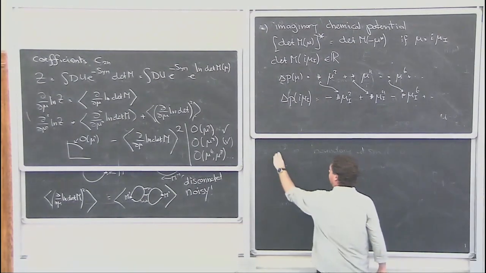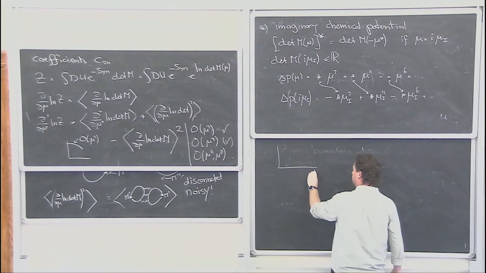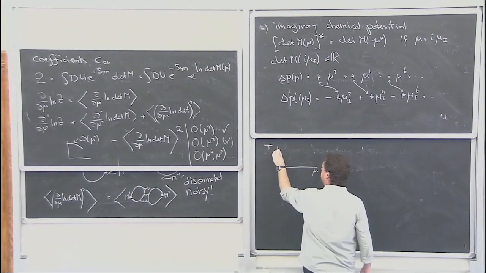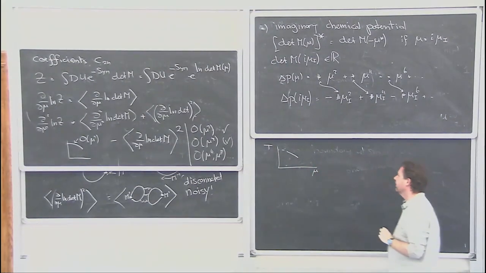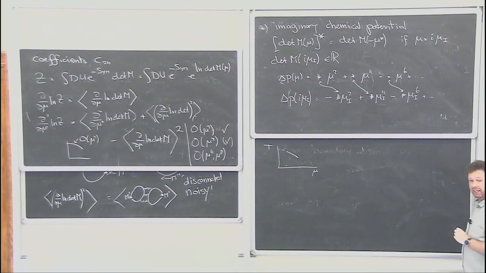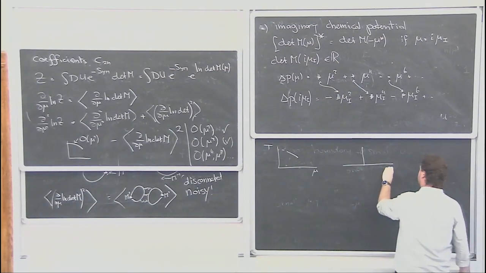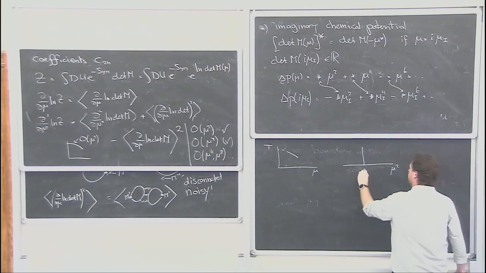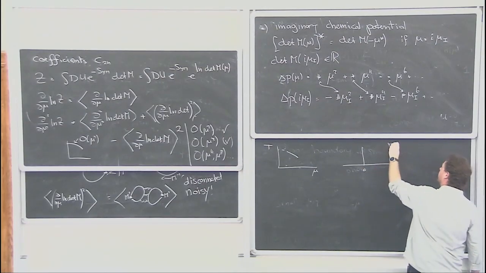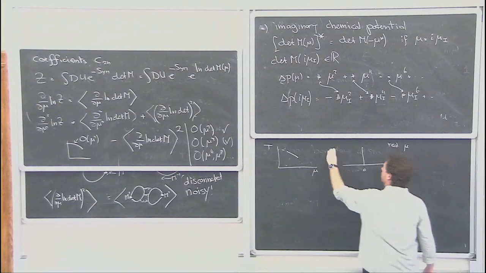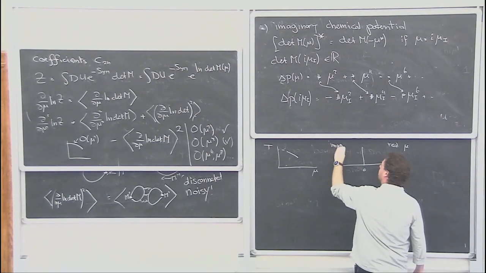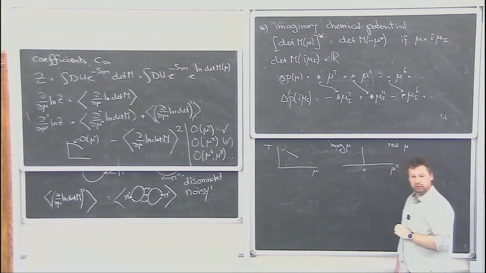So how can we plot this? Well, I just keep erasing the same diagram. At real mu, we have this phase boundary. I can now decide to plot this as a function of mu squared, so that on the right side we have real mu, but on the left side we have imaginary chemical potential.